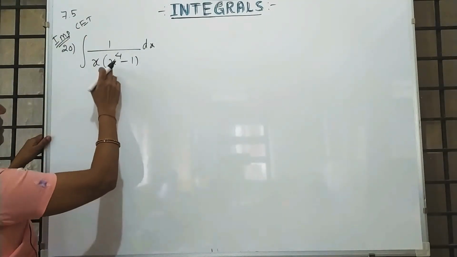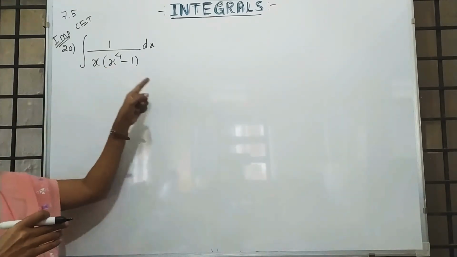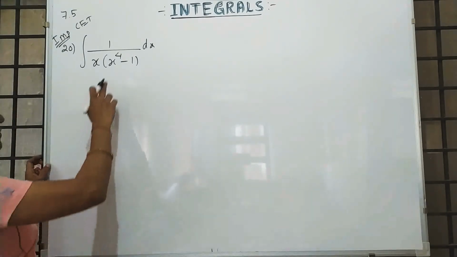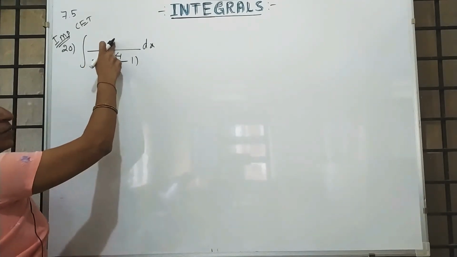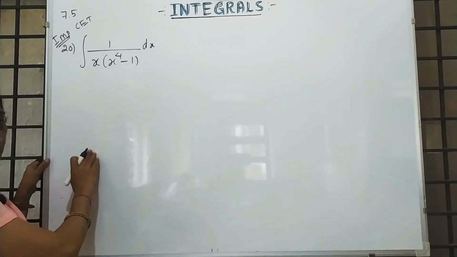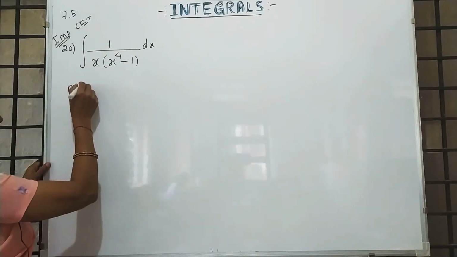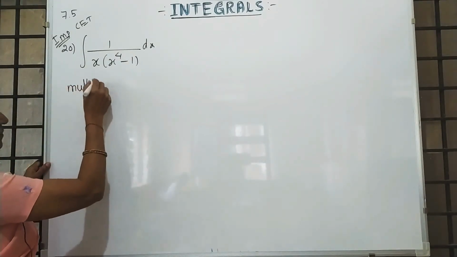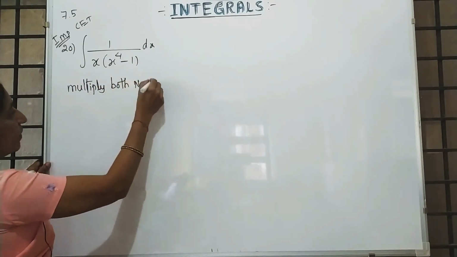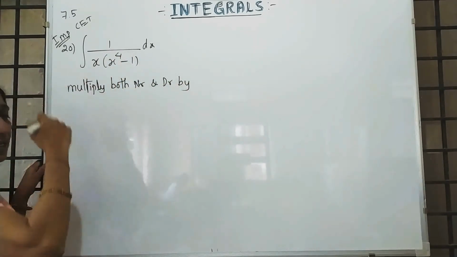See here, we cannot apply partial fractions because if you split, you get so many terms, and for those terms it is very lengthy. Instead of that, here in the numerator we have a number, the denominator is x into x raised to 4 minus 1. So here multiply both numerator and denominator by, see, x raised to 4, one term less is what?